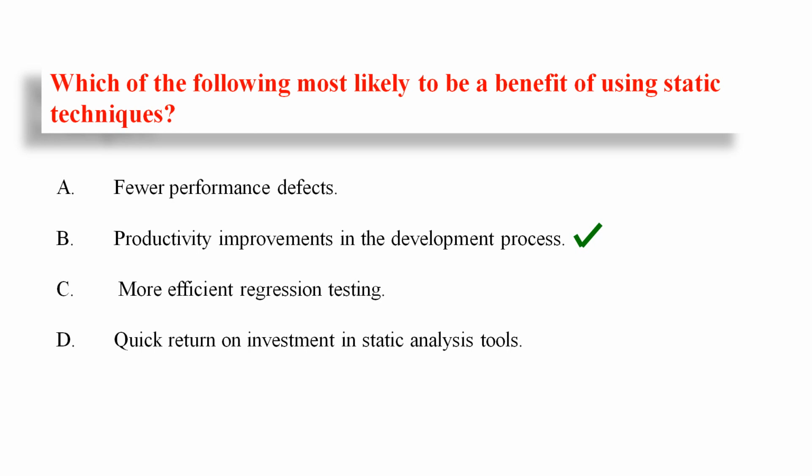It will also find mistakes in the code during code reviews. Obviously, this will improve productivity in the development process. What do you mean by productivity improvements? To get the outputs with respect to the work product. So obviously the rest of the options are false. You have to think once or twice to choose the correct option.